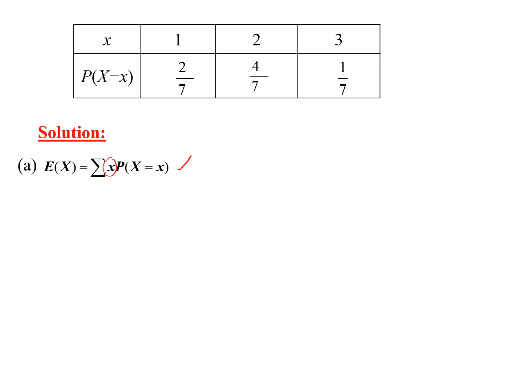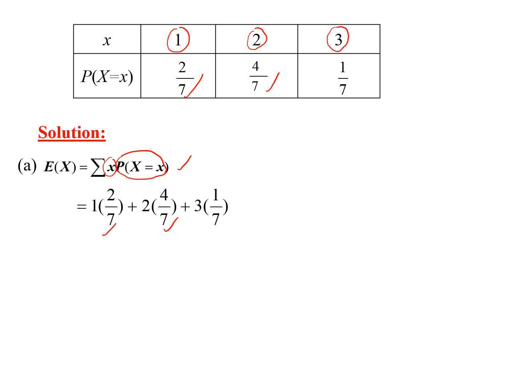When x equals 1, the probability is 2 over 7 for the first term. When x equals 2, the probability is 4 over 7 for the second term. When x equals 3, times the probability 1 over 7, then our summation will give us the value 13 over 7.